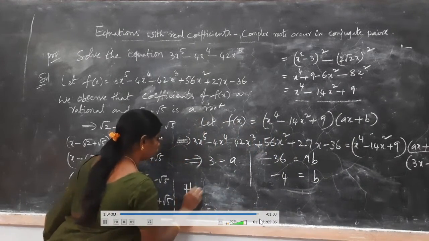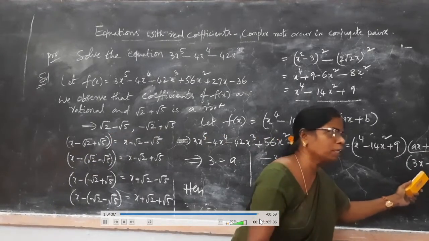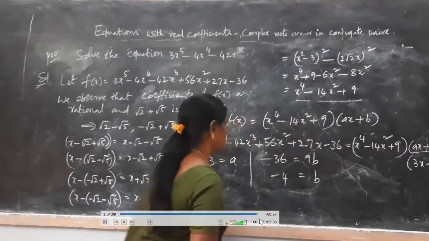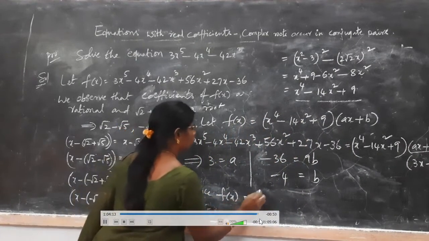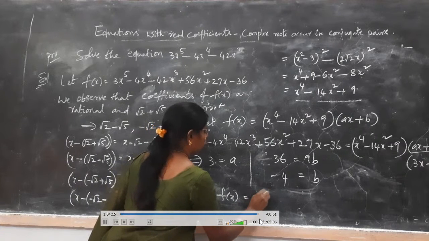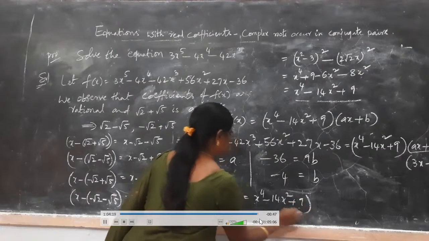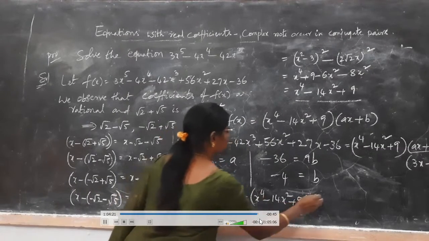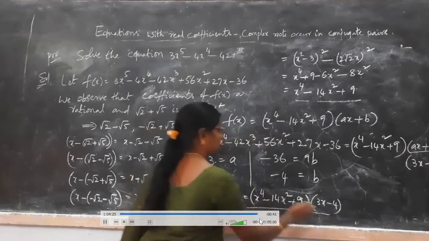So we got 4 roots, and the root corresponding to this factor is 4/3. Okay. Hence f(x) is equal to (x power 4 minus 14x square plus 9) into (3x minus 4). What are the roots?